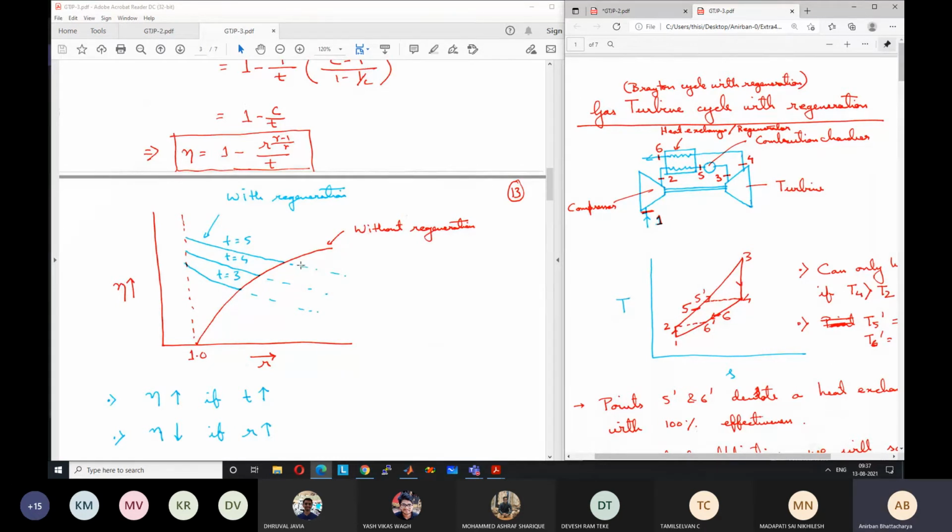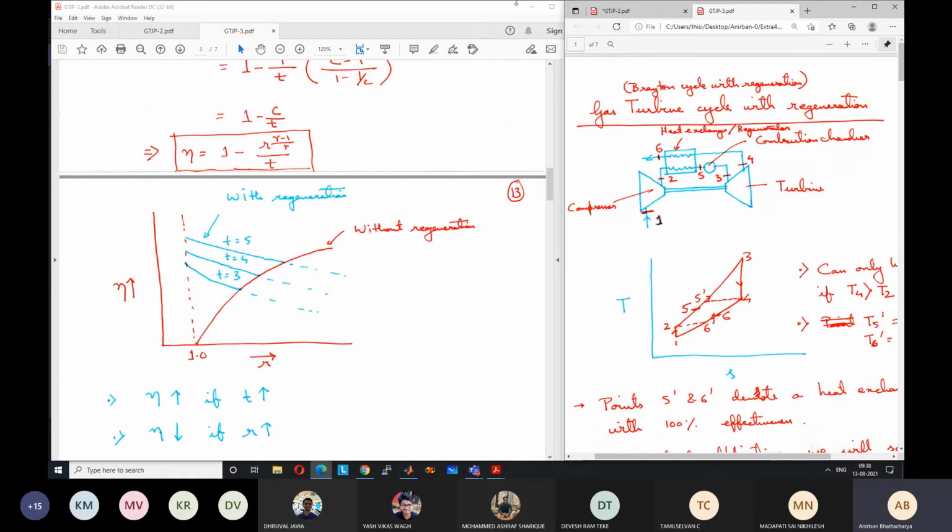Now we have seen that efficiency increases with increasing temperature ratio and decreases with increasing value of R. So tell me why this is happening. If I have a fixed R, why is the efficiency higher with higher temperature ratio? It was not the case for the simple Brayton cycle.